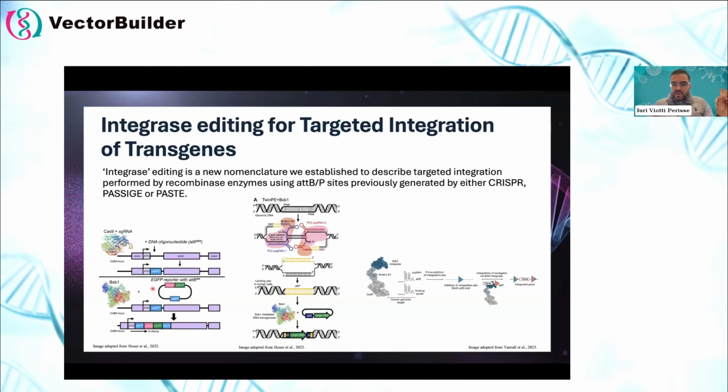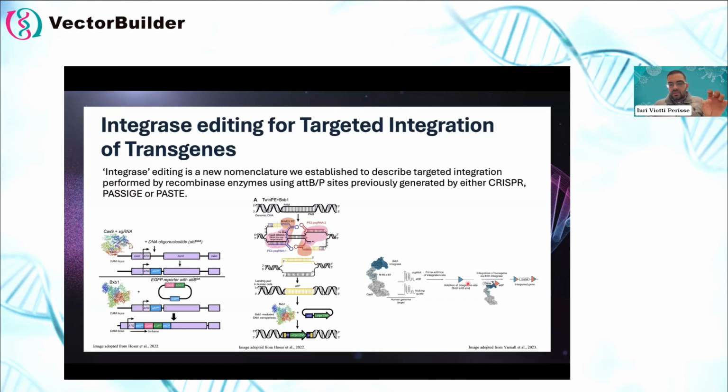Once you have that BXB1 integrase, the BXB1 is actually going to use that ATTB, ATTP, and put both together inside of the genome. So with this mechanism, you can use either Cas9 with SSODN to introduce first that ATTP or ATTB sequence, or use a primer editor, or the base editor to introduce that ATTB or ATTP site.